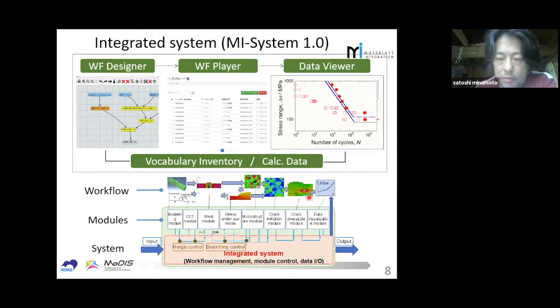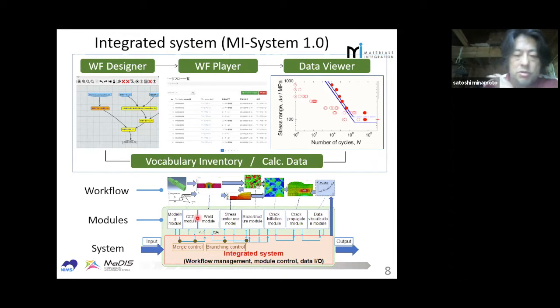And finally, crack propagation is derived without the information about the phase situation, and only the stress information. So we connect these two fundamental programs in order to calculate as a multi-scale calculation, and how each module is described is shown here.